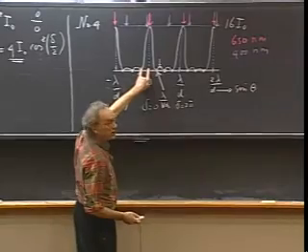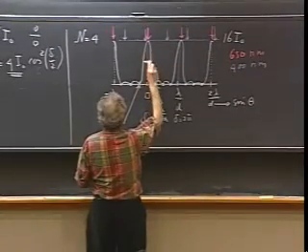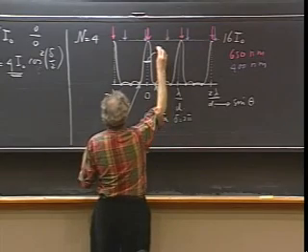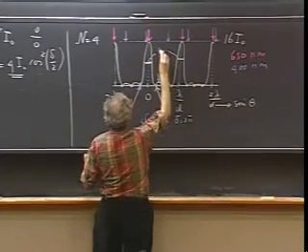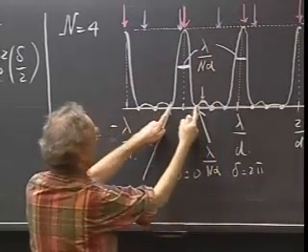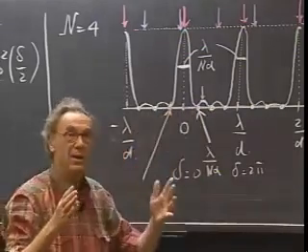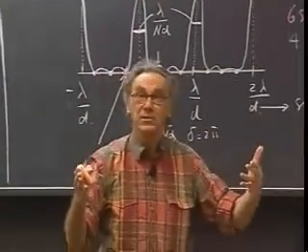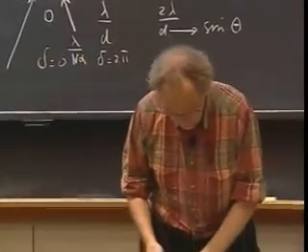There's complete symmetry. And so the width of each one of those peaks, roughly, without being very precise, must be lambda divided by nd. So I take half this angular distance. All these things are angles in radians, because sine theta is very much smaller than theta.